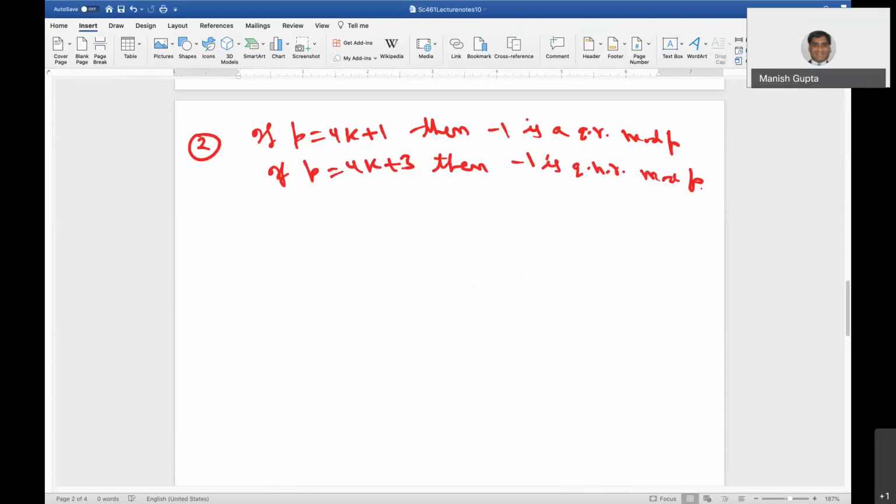Okay. K, you can take 1, 2, 3, 4, and so on. So this is a very basic property telling about when minus 1, that is P minus 1, is a quadratic residue or quadratic non-residue.